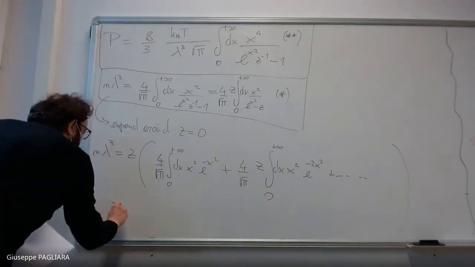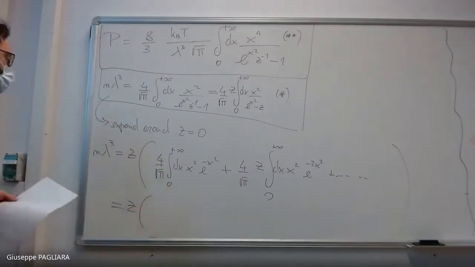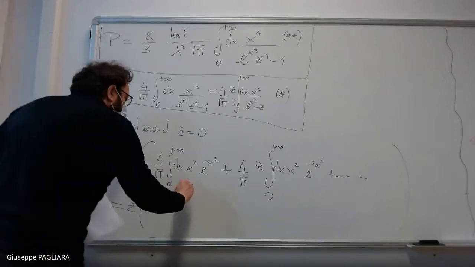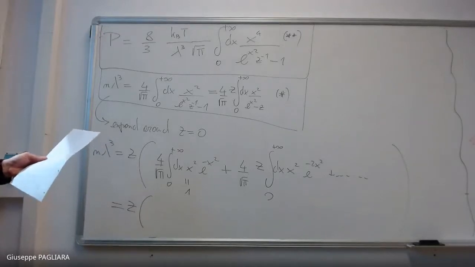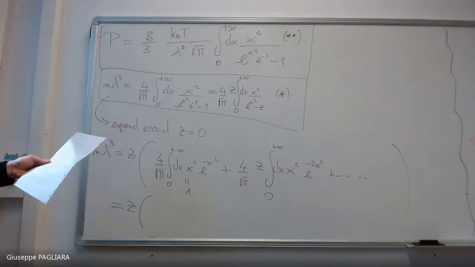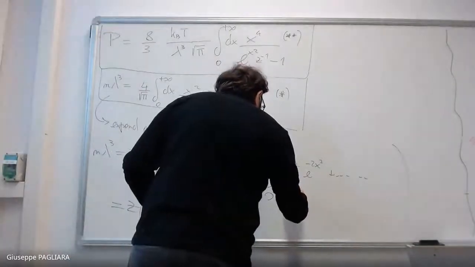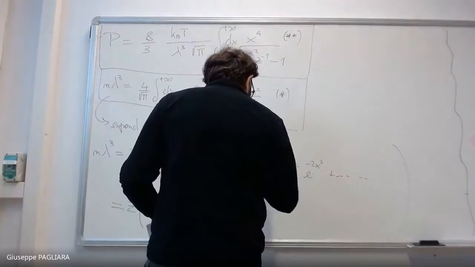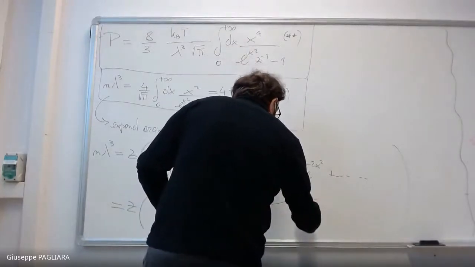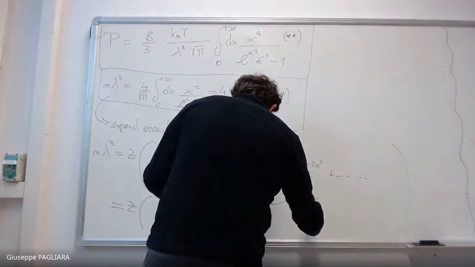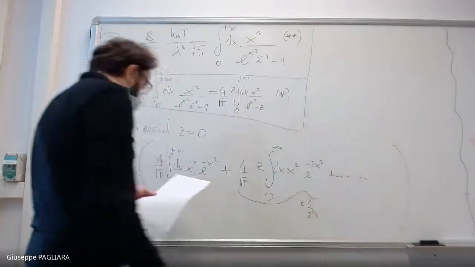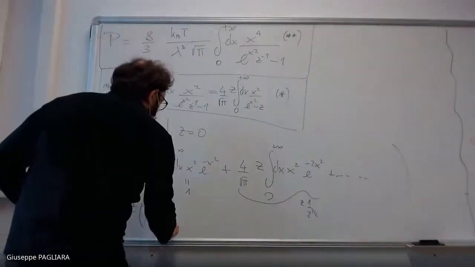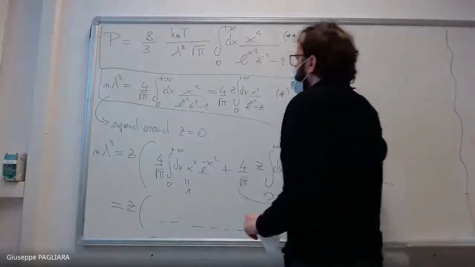But then you can compute the terms in this series, and you get the first term is just 1. So this is equal to 1 if you compute it. And the second term is equal to z times 1 divided by 2 to the power of 3/2, etc. Now I'm writing upstairs the expression.